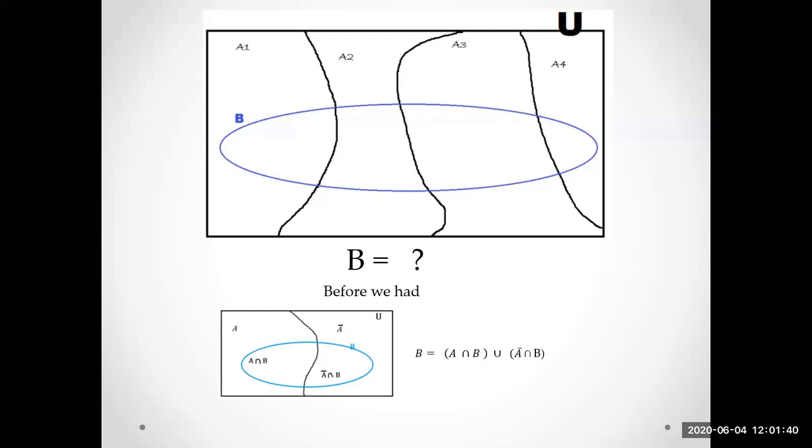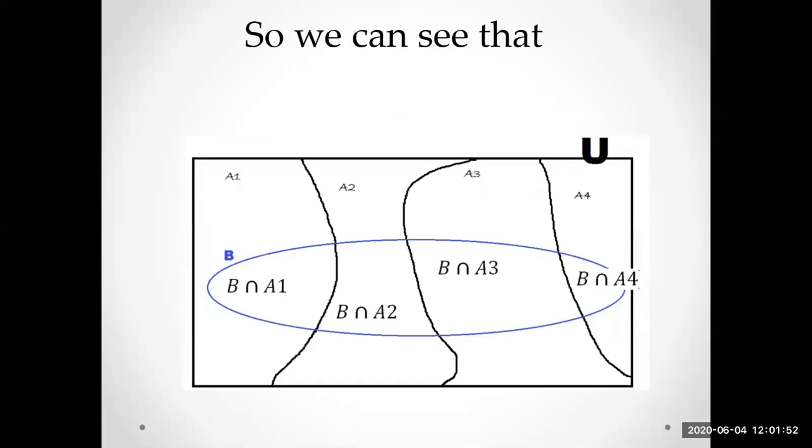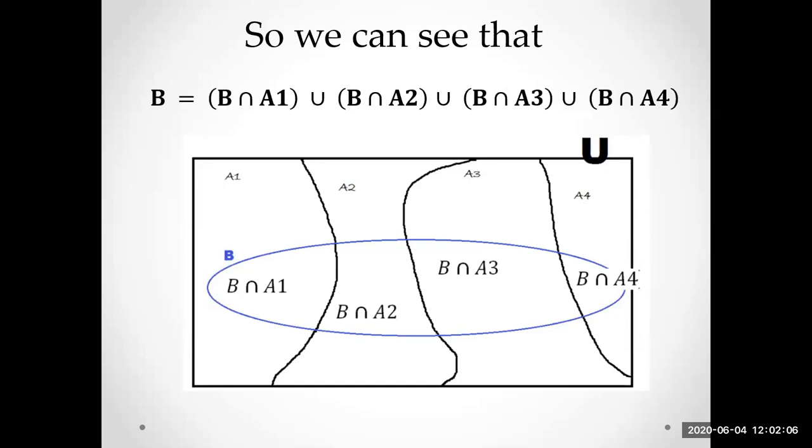So what can we do now? Try to write B now. We can identify those regions: B intersect A1, B intersect A2, B intersect A3, and B intersect A4, right? And we can write B like that.